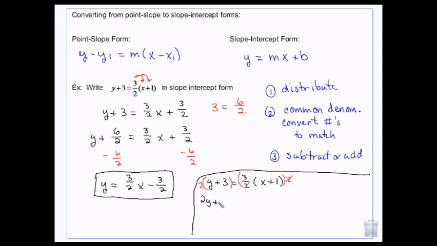So I get 2y plus 6 is equal to 3 times x plus 1. So 2y plus 6 is equal to 3x plus 3. Subtract 6 from both sides. Come up here where I have more space, and I get 2y is equal to 3x minus 3, and then divide by 2. So whatever you multiply by to clear the fraction, you're going to end up dividing by.